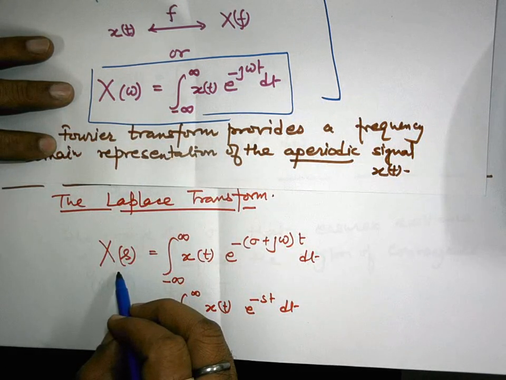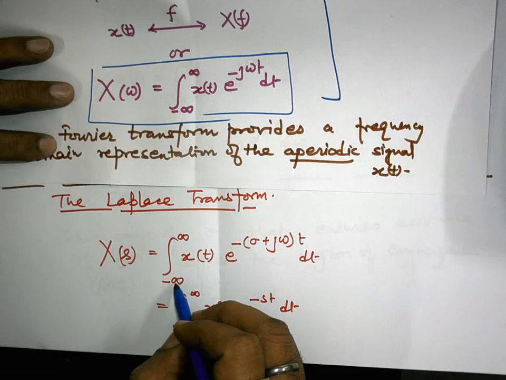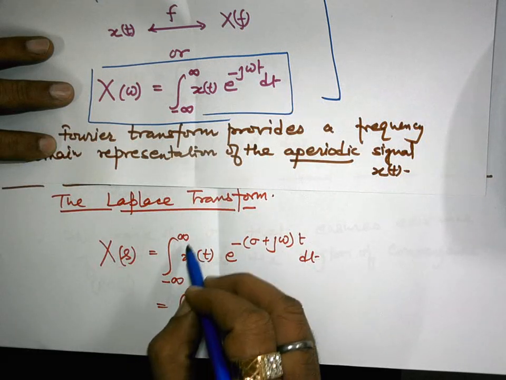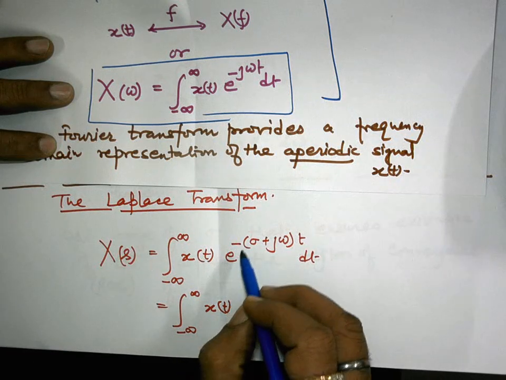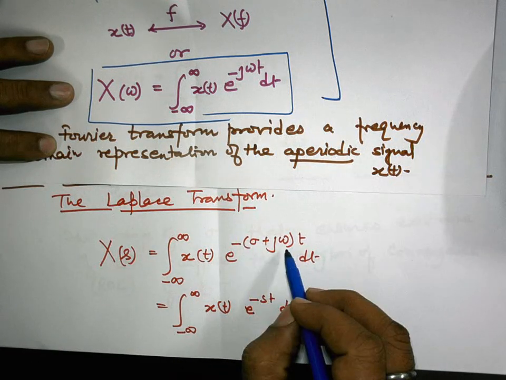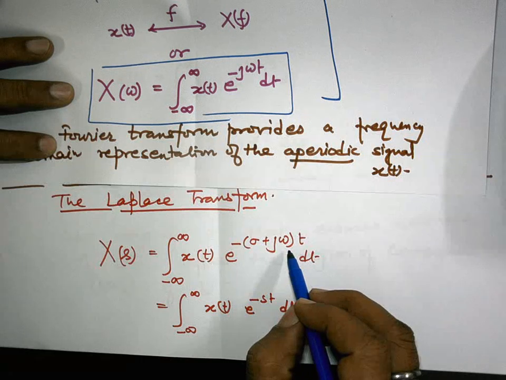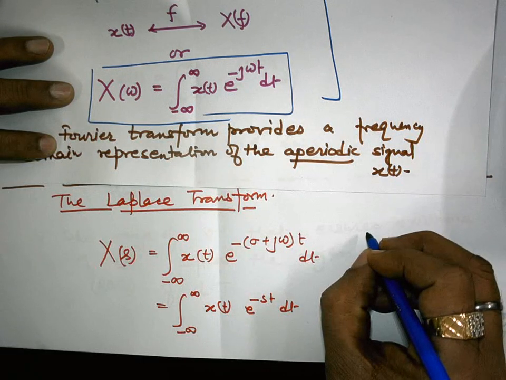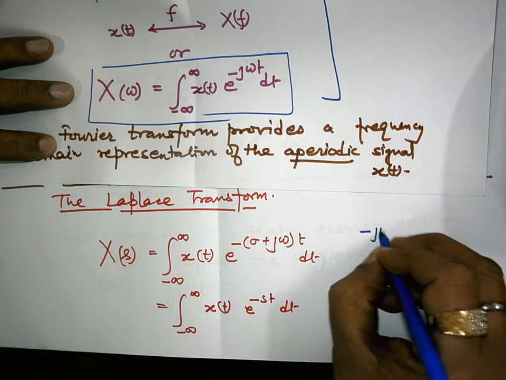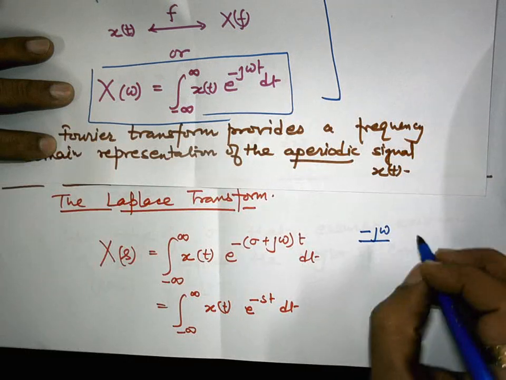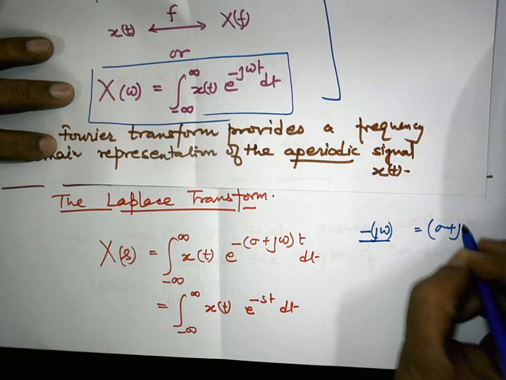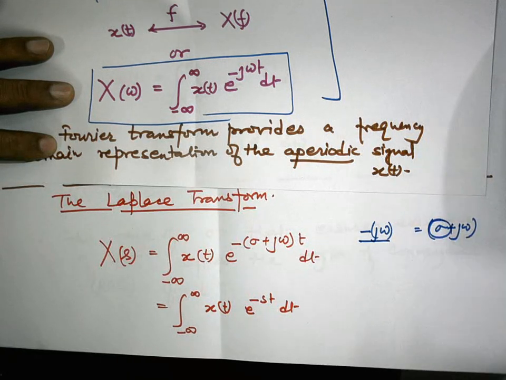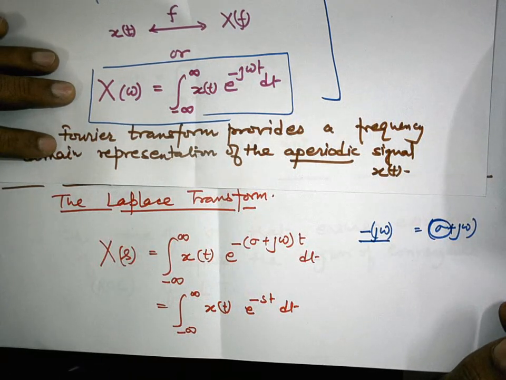This is X(s), which equals the integral from minus infinity to infinity of x(t) e to the power minus (sigma plus j omega) t. So simply this j omega is replaced by sigma plus j omega, meaning another term sigma is coming into the picture.